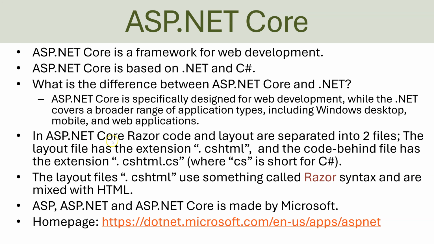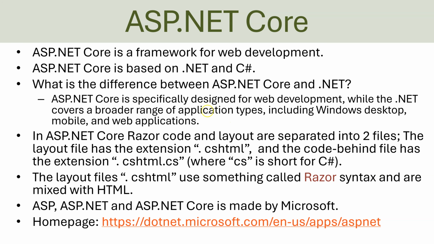Typically in ASP.NET Core Razor code, the layout and the code are separated into two different files. You have the layout file that has the extension .cshtml, and then you have the code-behind file that has the extension .cshtml.cs, where cs is short for C#, meaning the C# programming language will be used.